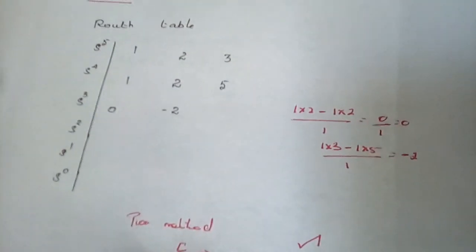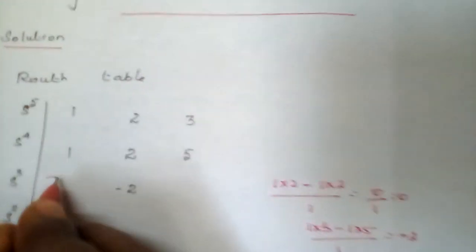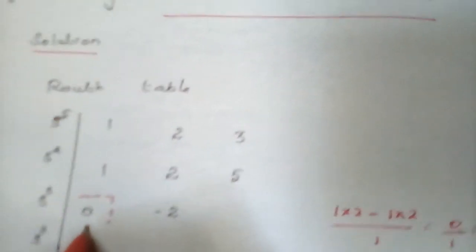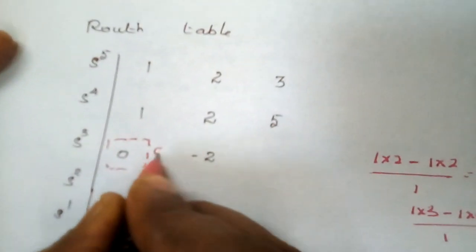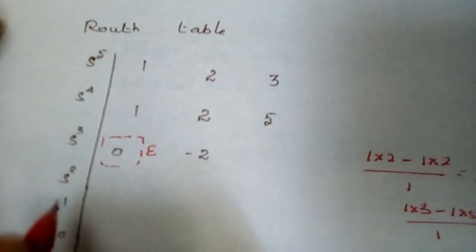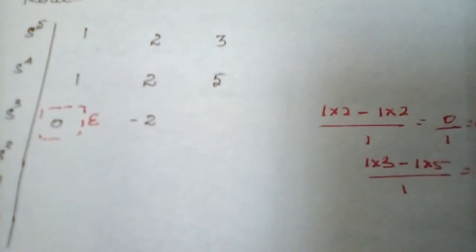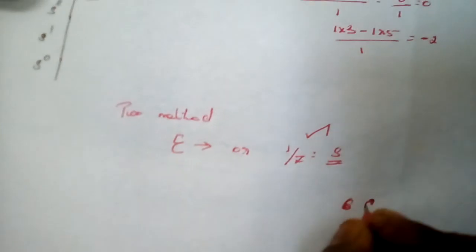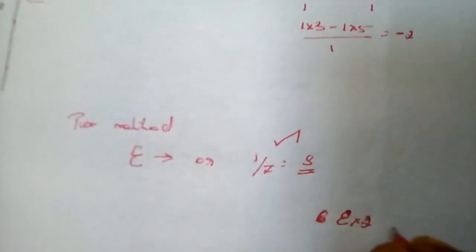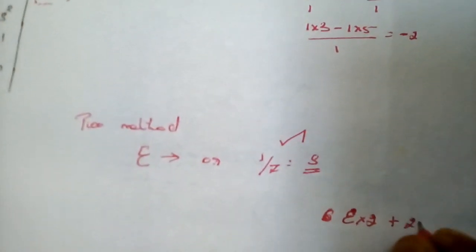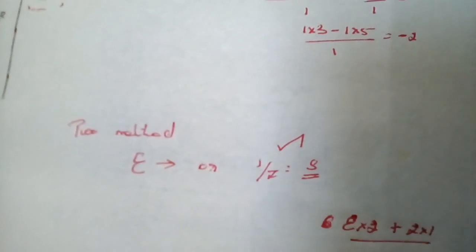You can also substitute an epsilon value. How do you substitute the epsilon value? Instead of 0, substitute here epsilon. Okay, and for the next s square term, you cross multiply 2 epsilon into 2 plus 2 into 1 divided by epsilon.